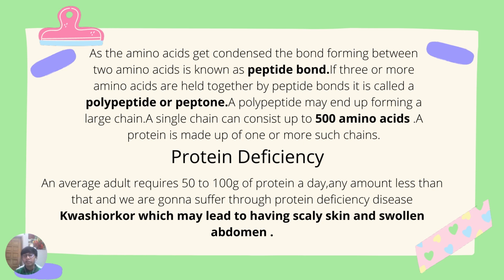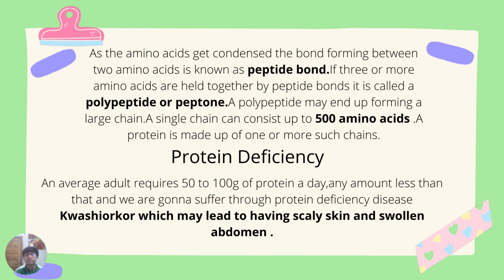Now we should know that poly means many, and many peptide bonds is what polypeptide means. A polypeptide may end up forming a large chain, and the highest possible number of amino acids in a chain is 500. A protein is made up of many chains or a single chain.